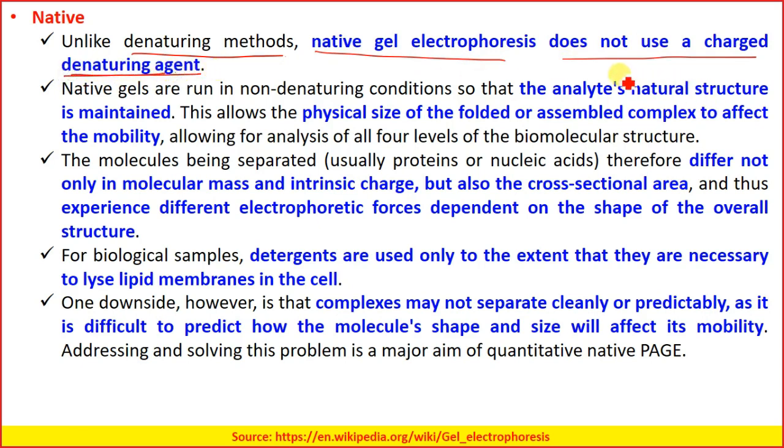In this case, the analyte's natural structure is maintained. This allows the physical size of the folded or assembled complex to affect the mobility. That means the secondary or tertiary structures of the proteins, DNAs or RNAs can be analyzed.